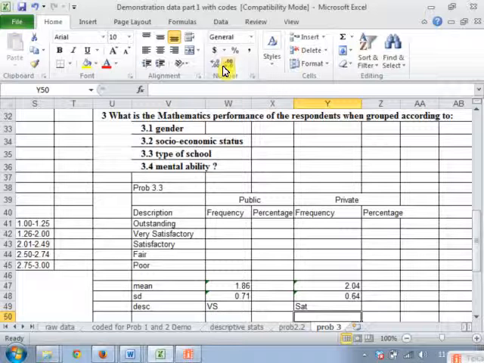But does this tell us that they are better in mathematics performance than those from the private? Not yet. This is just the situation. So what do you think brought these results?